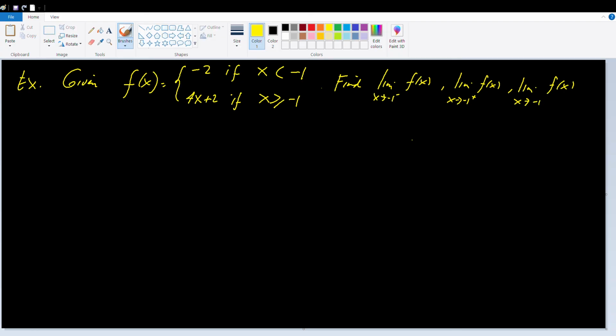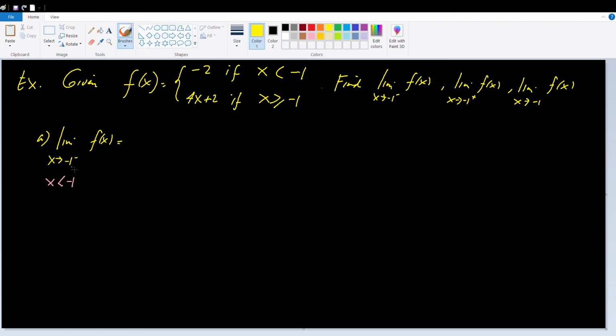Okay. So for the given function here, let us determine the left and the right hand limit as x approaches -1 and also the two-sided limit. So first, the limit of f of x as x approaches -1 from the left. Again, x approaches -1 from the left means that x is less than -1.